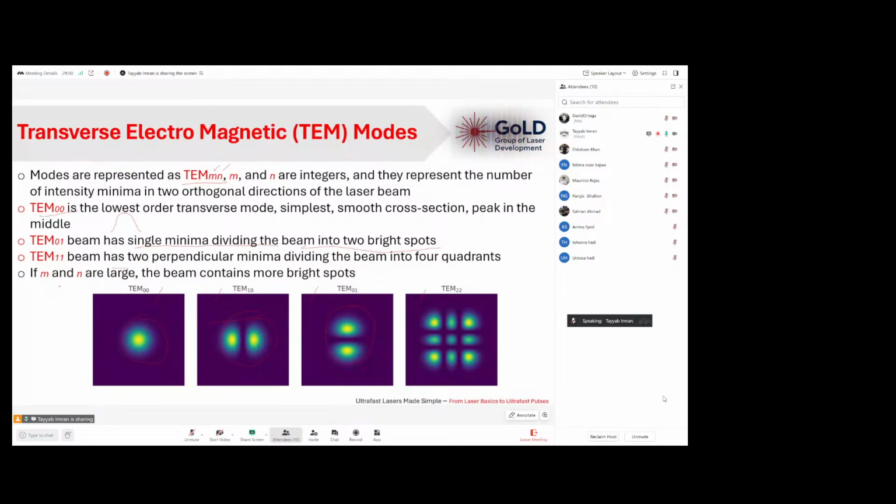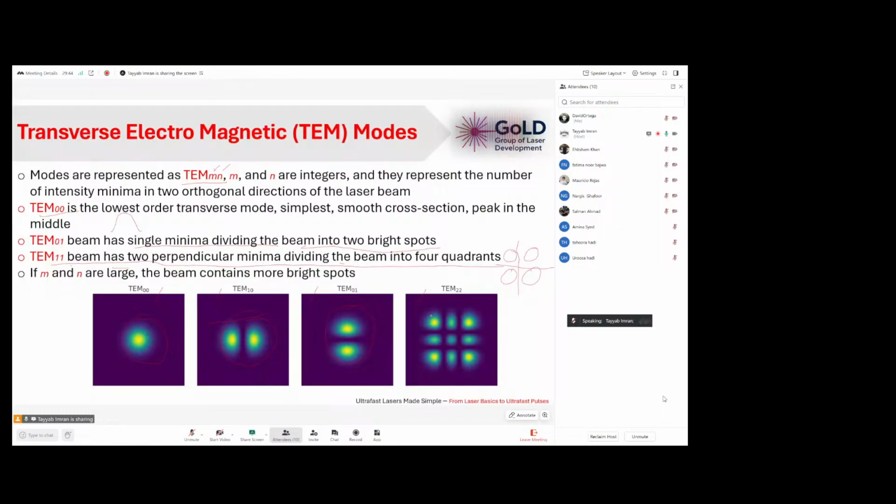So there can be 01, 10, 12, 21, 22, something like this. If it is 11, what will the beam have? It has two perpendicular minima dividing the beam into 4 quadrants, the 4 patches, like this, like this, like this, like this.